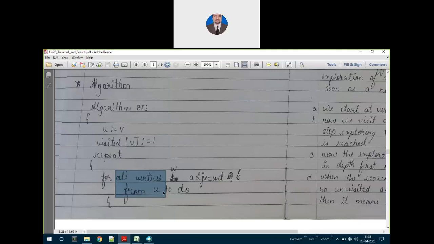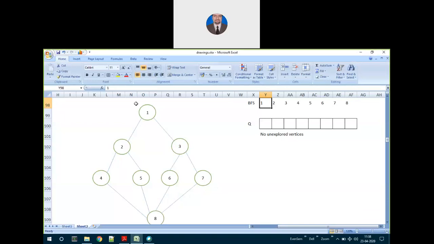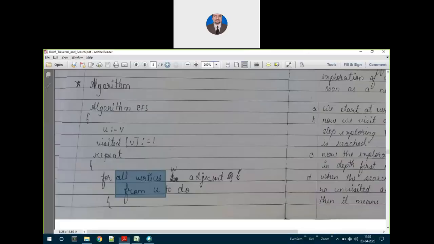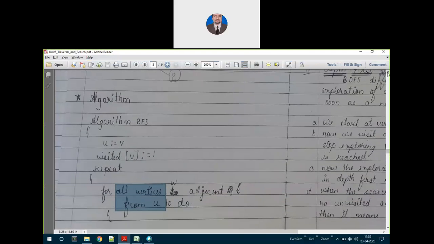So what is u here? It is v; in our example, v was 1. So all the vertices adjacent from 1, which means 2 and 3. I should do the steps for 2 as well as 3. What steps?